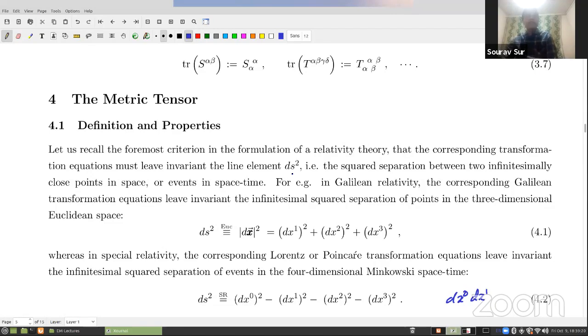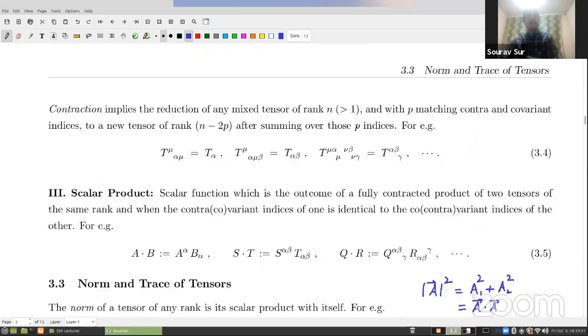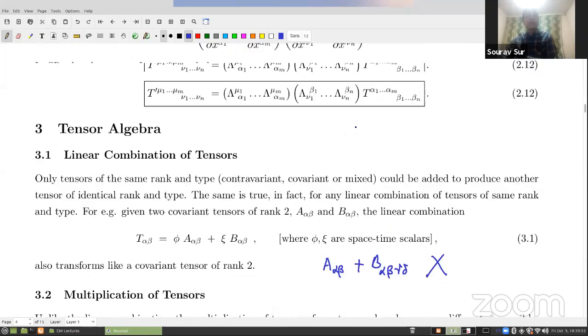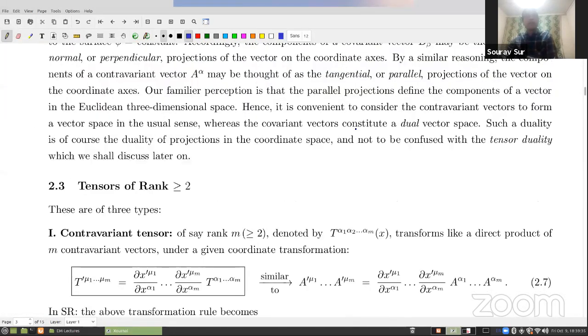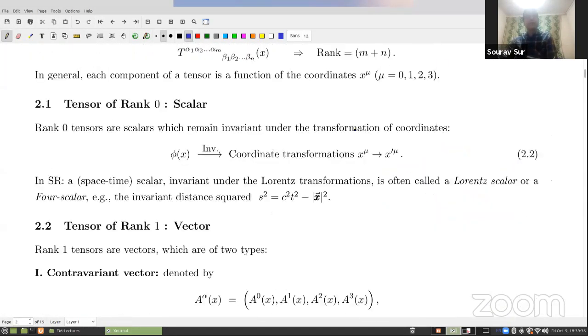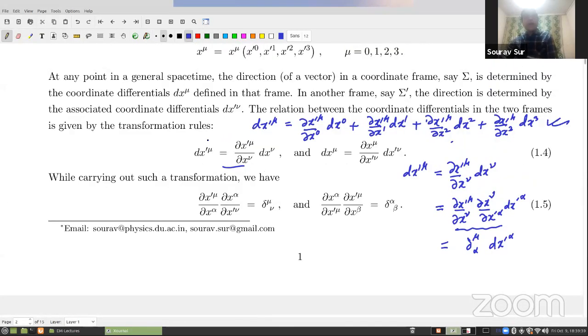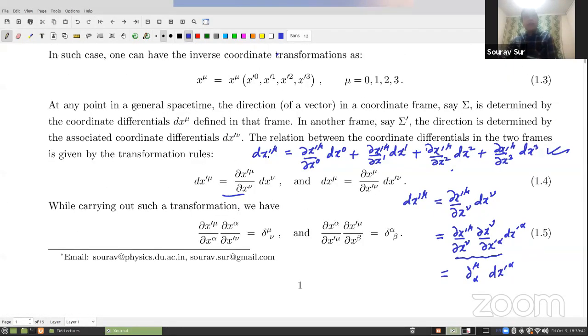Jacobian of transformation is the determinant of the transformation matrix from one system to another system. When you go from one system to another, you have a transformation matrix, and it was explained yesterday that it comes here. You simply write dx prime mu is del x prime mu by del x nu dx nu, summed over.